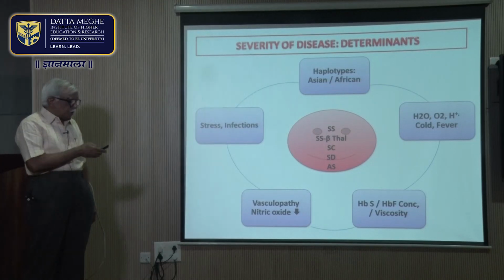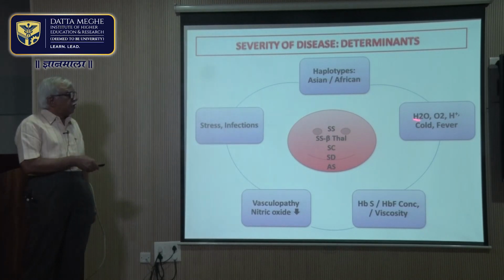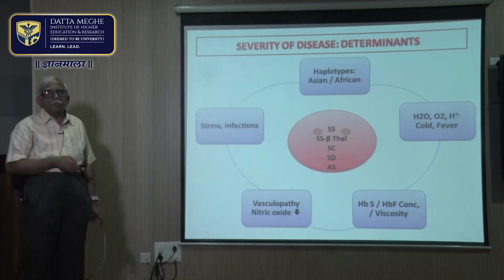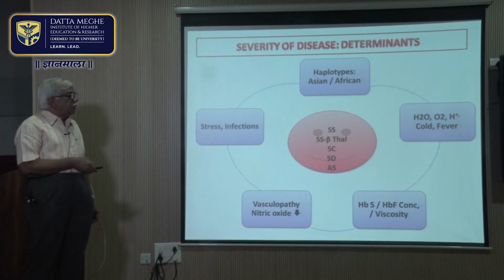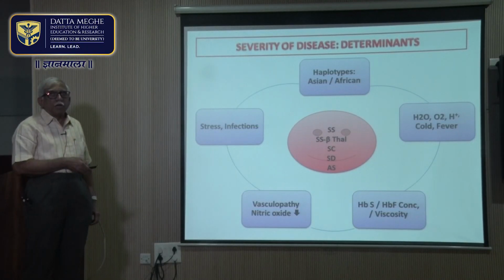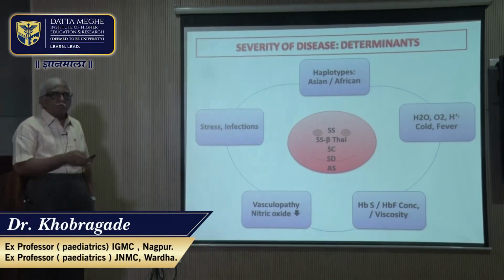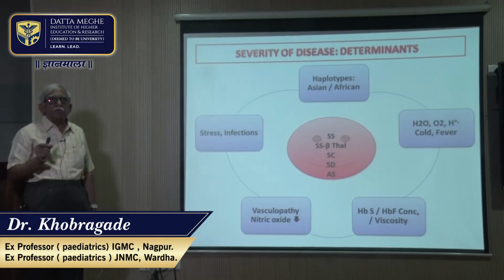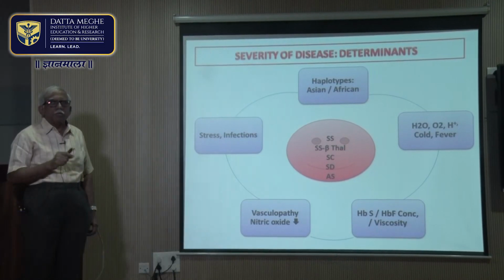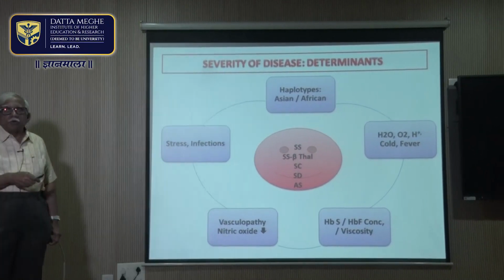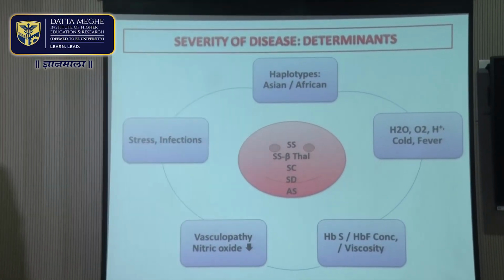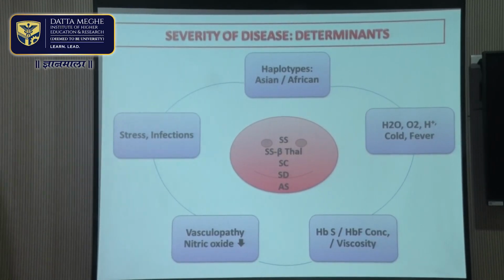Now, coming to the other factors like hydration, if the child, particularly in summer or in the very cold season, has very little water intake, and the hydration is defective, then the intracellular concentration of hemoglobin increases, and that permits sickling. Same thing is hypoxia, acidosis, and cold weather, particularly in a hilly station.